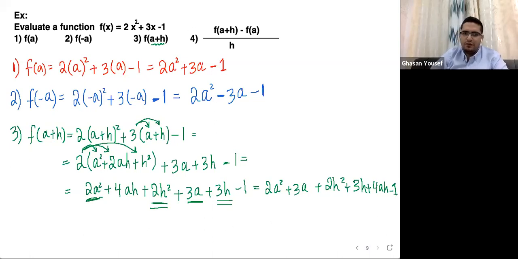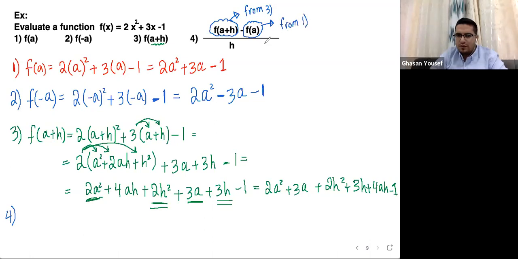Now for the fourth one. Number 4. For number 4, we just plug in the f of a plus h we get from part number 3, and f of a is from part number 1.